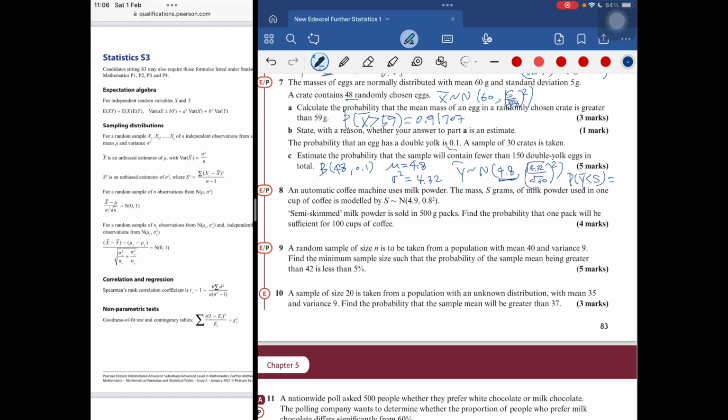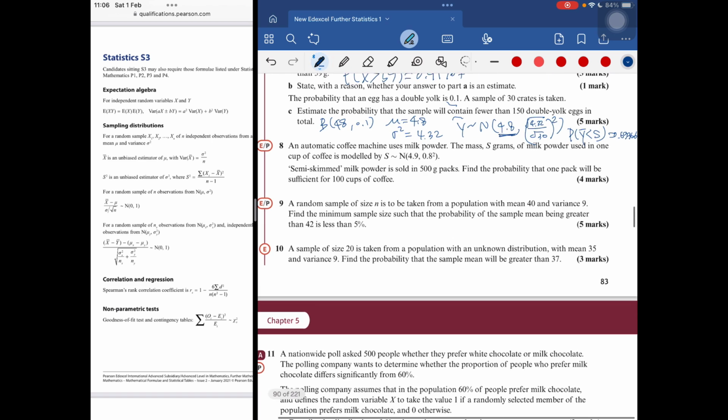Just now I got the result of 1, so actually it doesn't make sense. 4.8 is the mean and I just calculated less than 150 instead of 1.5. That's why. So 0.6996. So this is the answer.